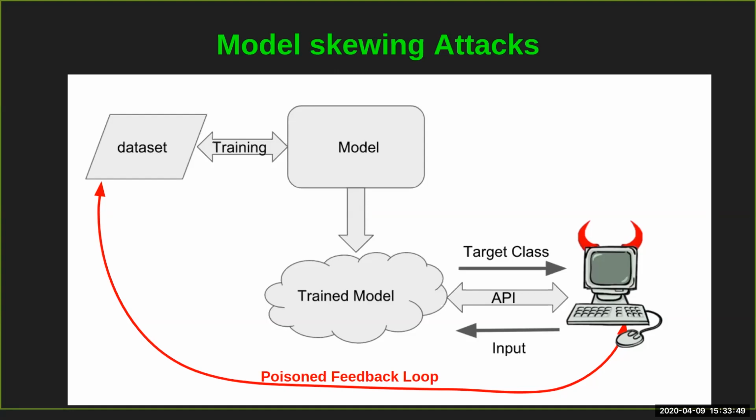In that case, that phishing mail will land in the inbox of the target users. This is what is called model skewing or data poisoning attacks. Again, say if you have any SQL injection vulnerability in the data set, you can directly send in some false samples in the data set and then cause the model to be skewed.